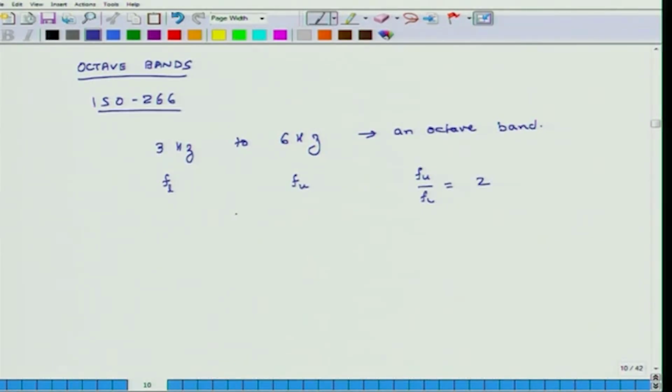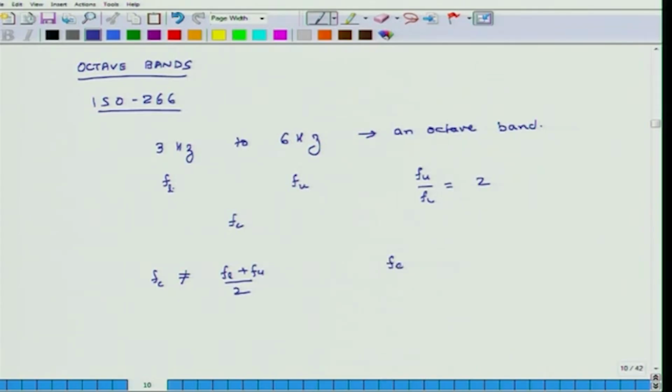And then there is also a central frequency, Fc. So there's a lower frequency limit, an upper frequency limit, and a center frequency. Now center frequency Fc is not equal to (Fl plus Fu) over 2. You don't take the average of these two. Rather, the proportion of Fc and Fl and Fu and Fc has to be the same.